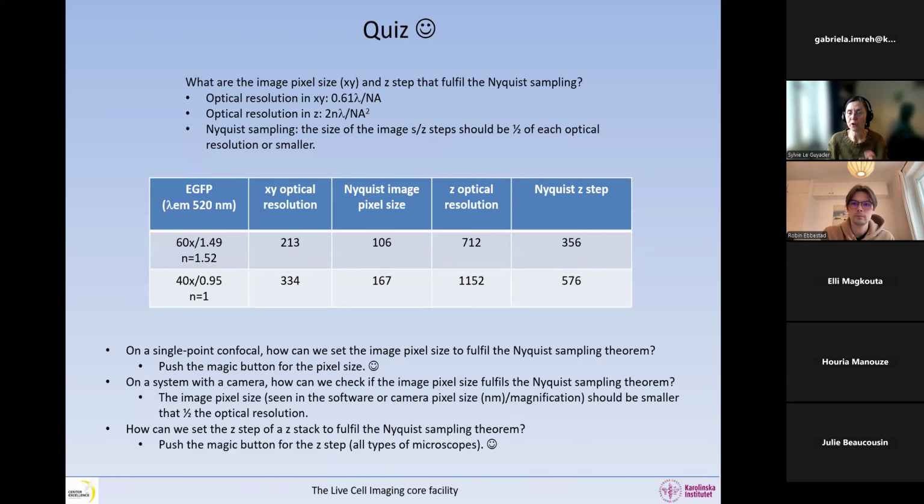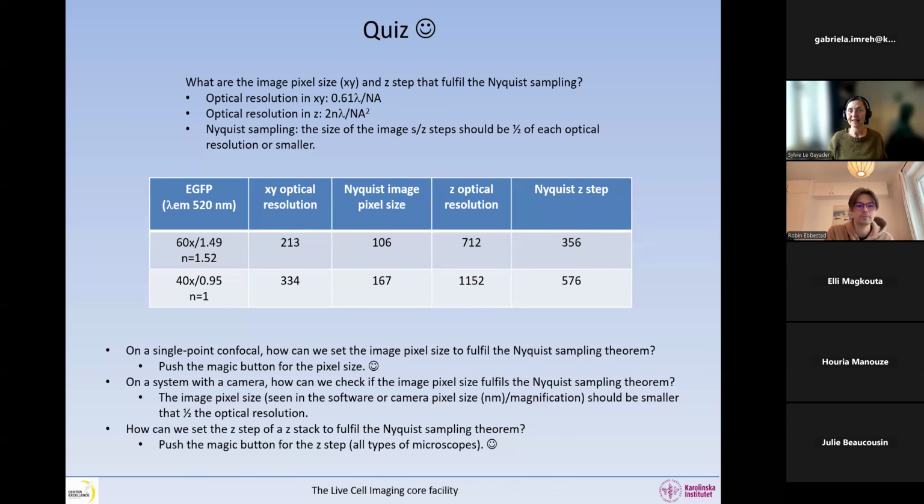But then you click on the magic button for pinhole 1, and you close the pinhole more than 1, so 0.5 or something like that, click on the magic button again, and we see if the Z step changes. And if you can, you let us know. I'll check that. It should change, right? I did it the previous time, and yes, it changes. Yeah, okay, good. It means that they are doing their job at doing the calculations. I was quite certain, but I've actually never tried myself.